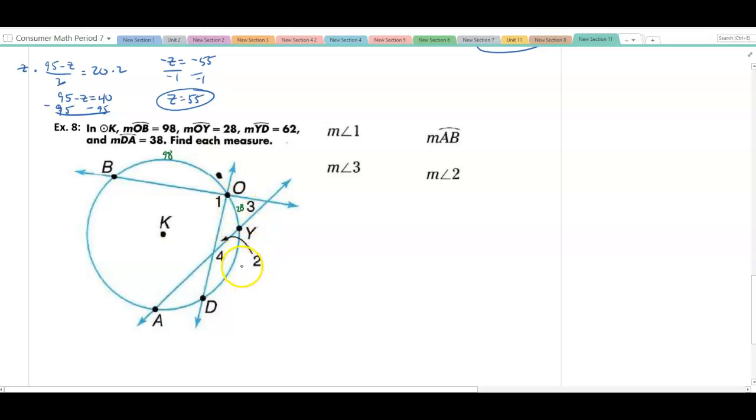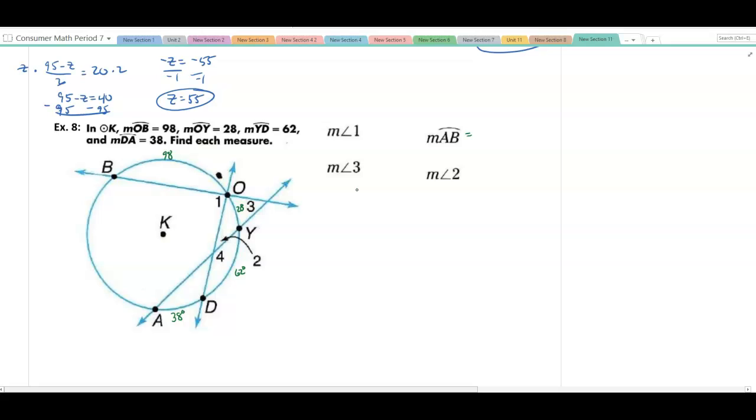Then YD is 62 degrees. AD is 38 degrees. Now, I'm missing right now the measure of arc BA, right? Okay, easiest way to find arc BA is just do 360 minus all the arcs I know.